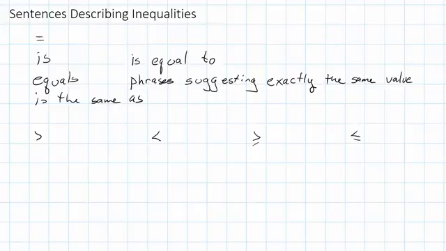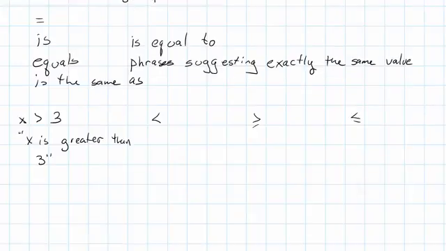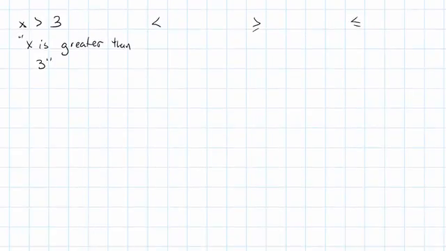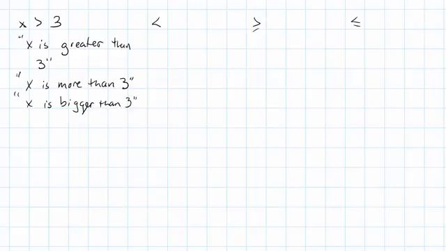Say we wanted to describe x is greater than 3 in words. We might say exactly that: x is greater than 3. We might speak less formally and say x is more than 3, or x is bigger than 3.